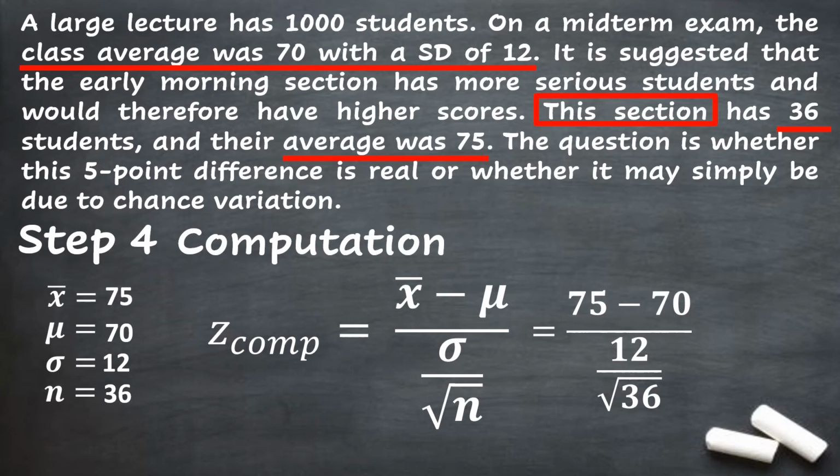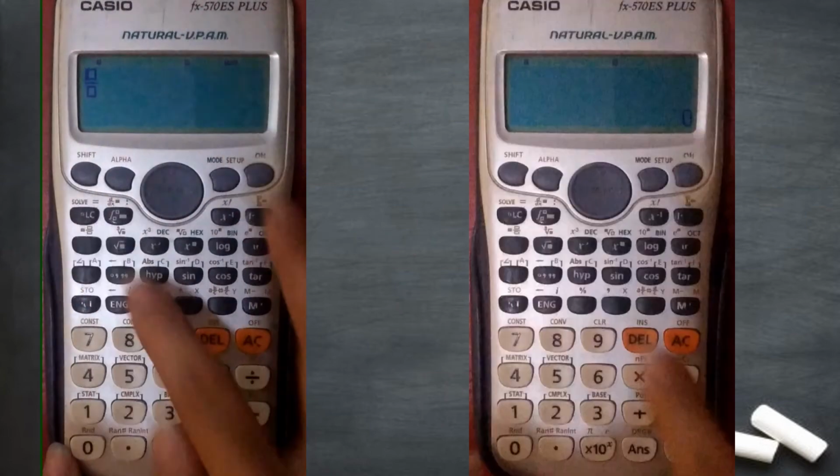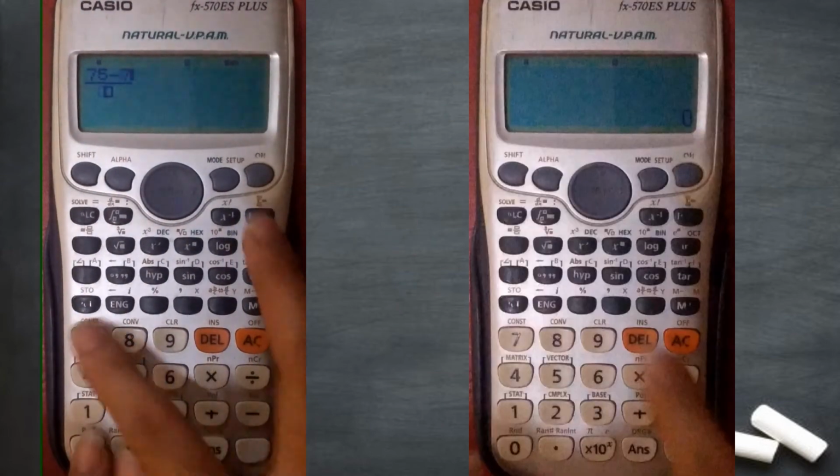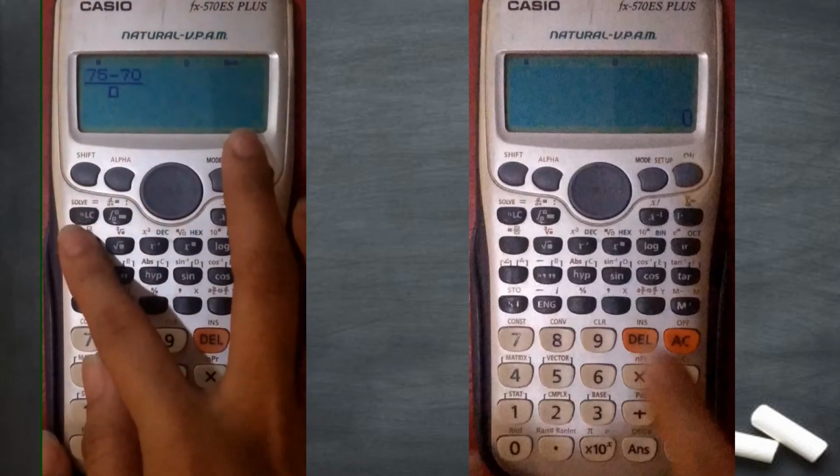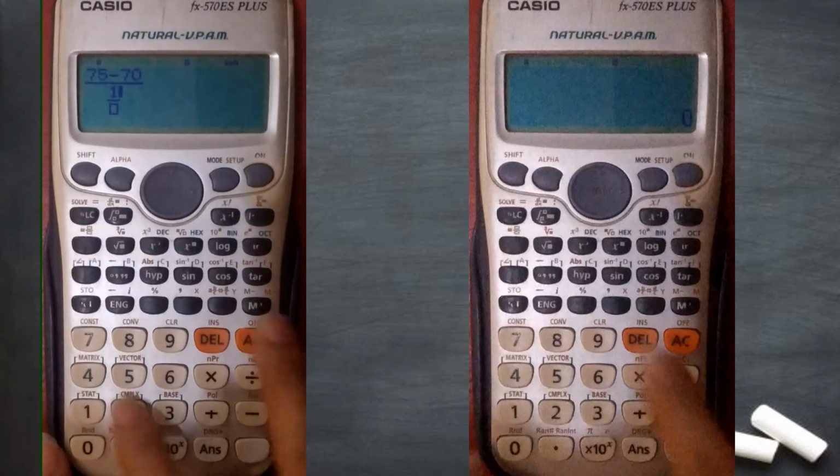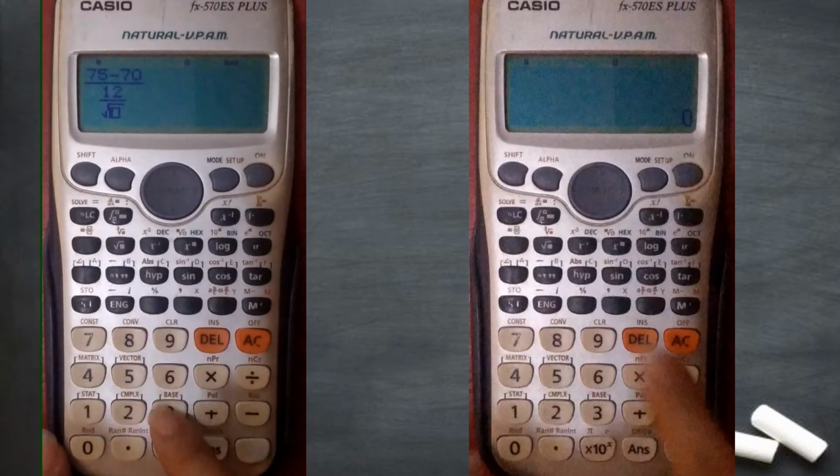We now proceed with the calculation using your calculator. The calculator on the left side shows you how you are going to input the values if your calculator is a 4-liner calculator.